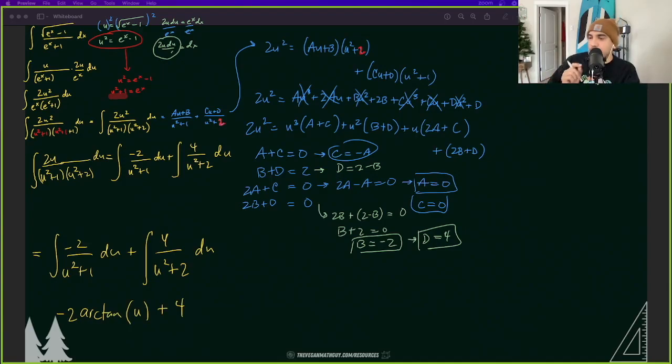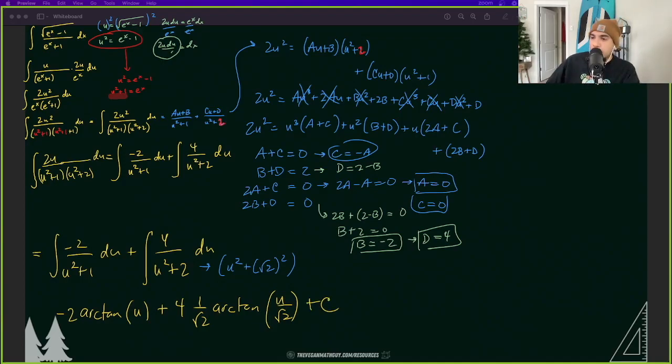And now we have to be very careful here. This is still an arctangent, but we just need to make sure to rewrite the bottom as u squared plus root 2 squared. That way we can visualize and see that arctan. So that means that our a value in the standard form for the inverse trig integral is going to be 1 over root 2 arctan of u over root 2, and then we have our plus c.